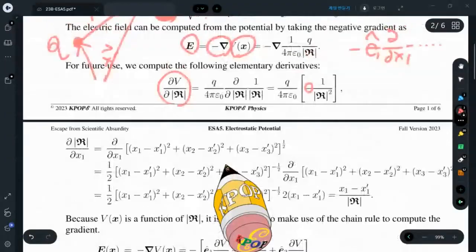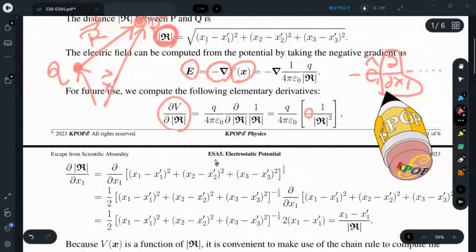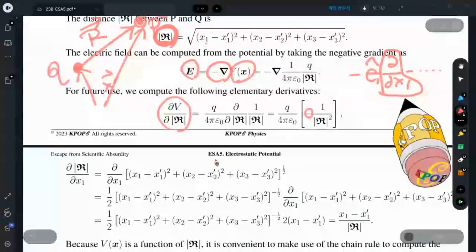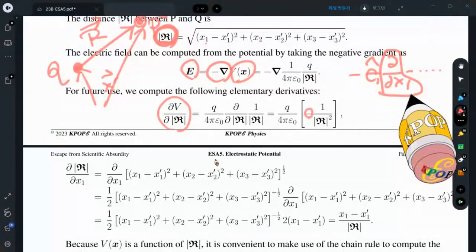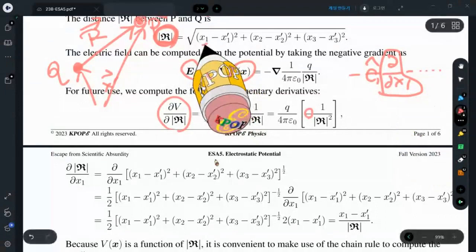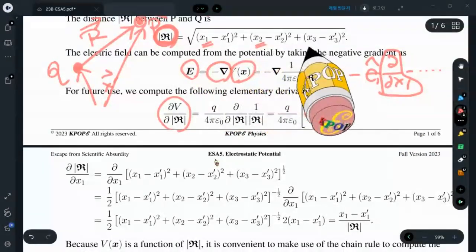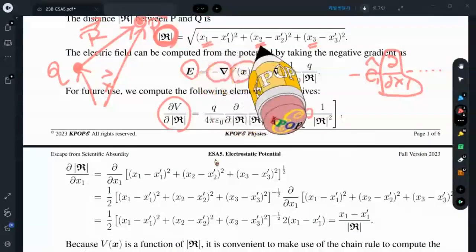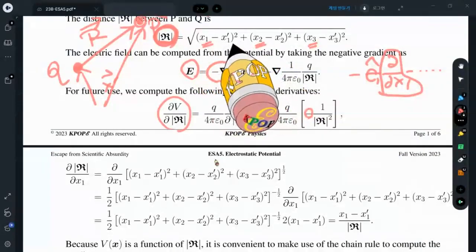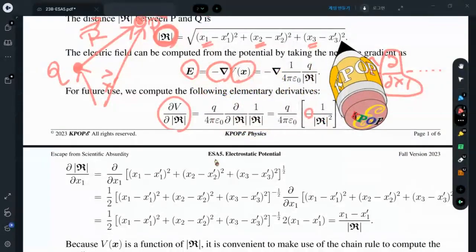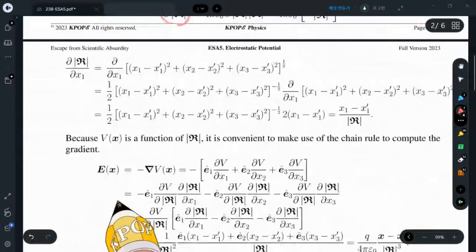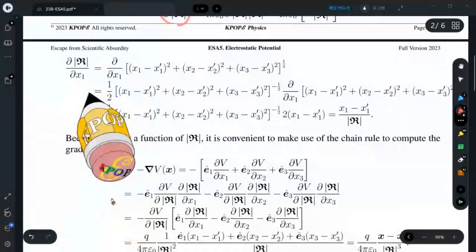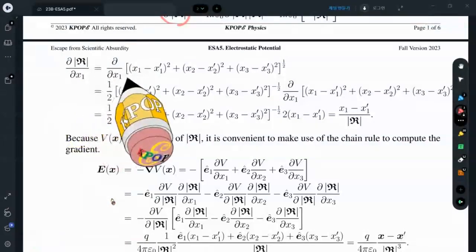And then eventually, we need to evaluate the partial derivative with respect to each coordinate of a field point. Derivative should be taken for the field point, not for the source points.